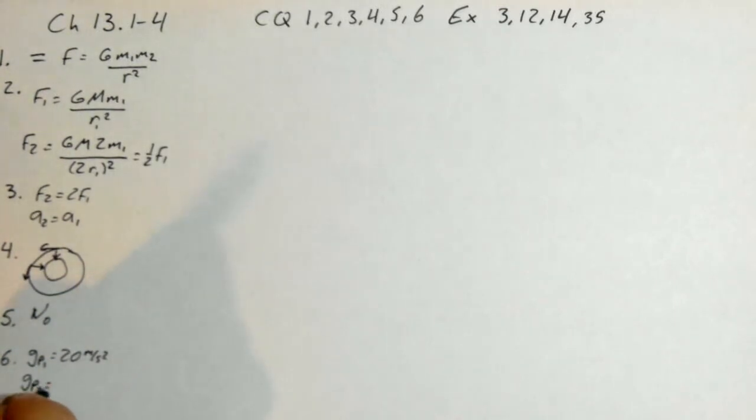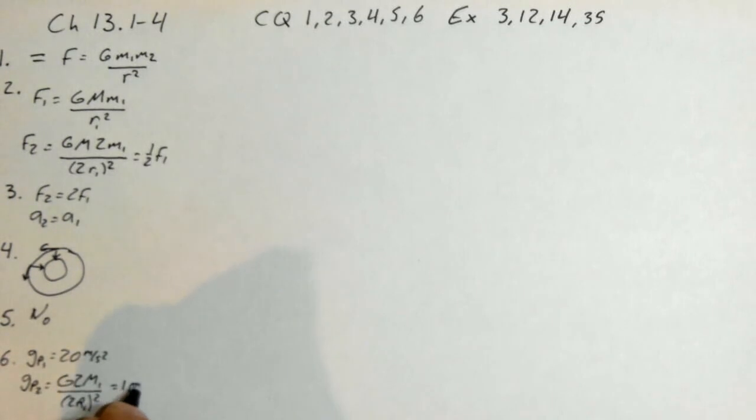g of planet 2. What does it depend on? Well, it depends on big G. It depends on the mass of the planet, which is twice m1. And it depends on the radius of the planet, which is twice r1. And so g is going to end up being half, because we'll have 2 over 4, which gives us a half.